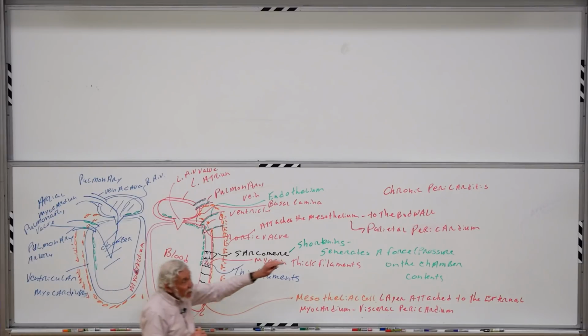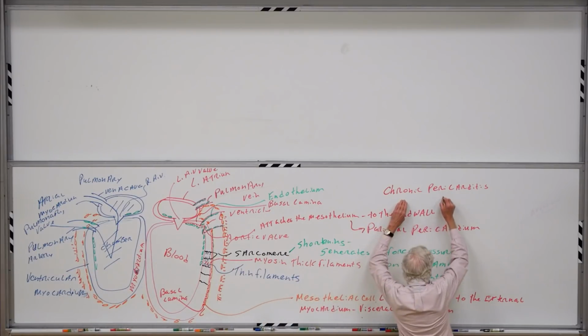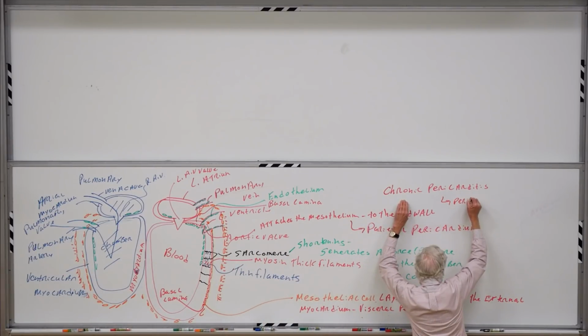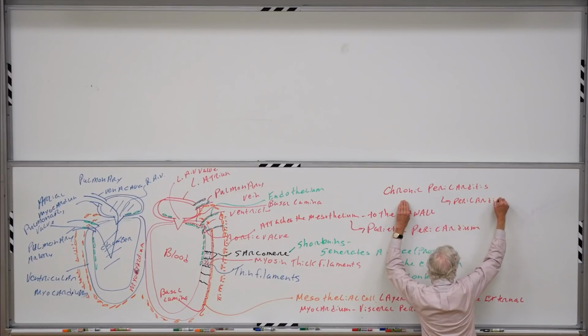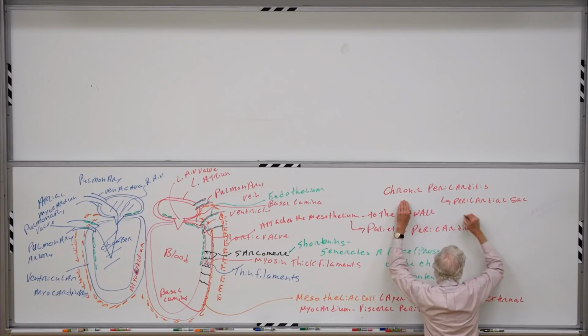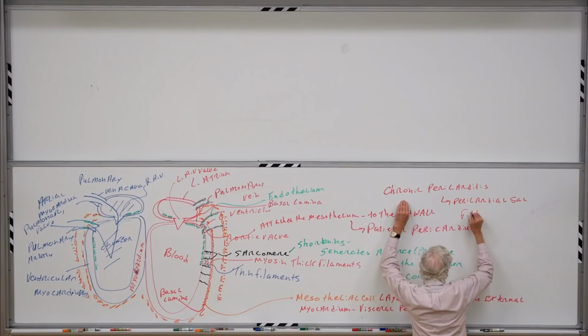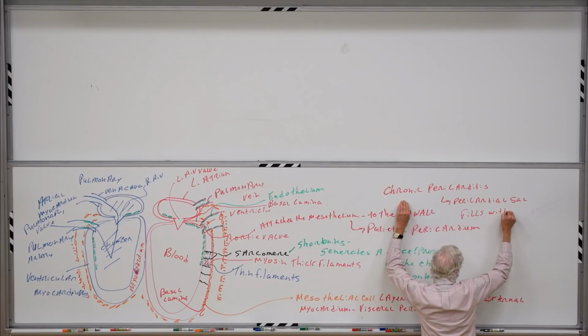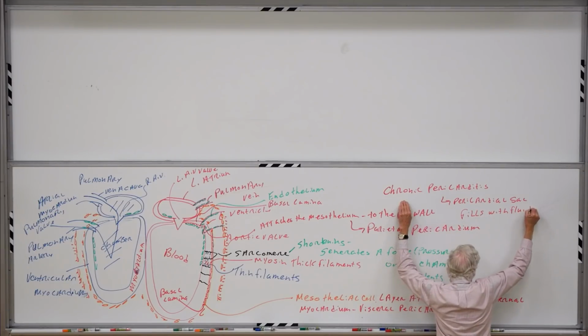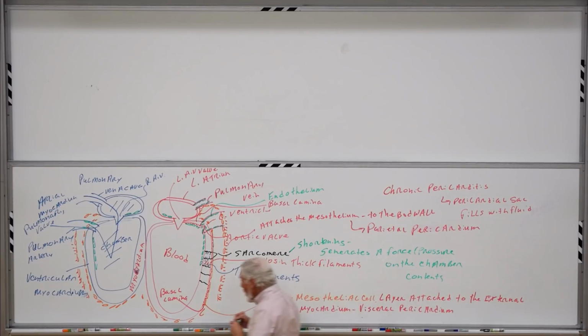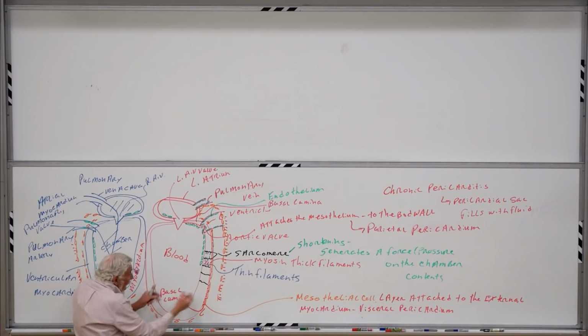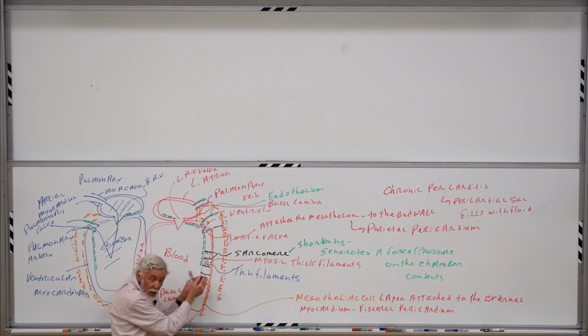What happens in chronic pericarditis is the pericardial sac fills with fluid. So now we begin to fill up what's effectively a balloon, the pericardial sac, with fluid.